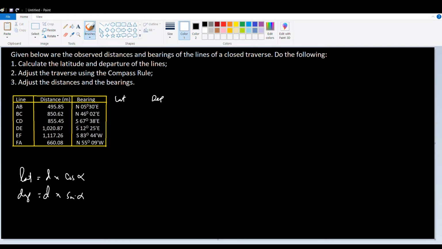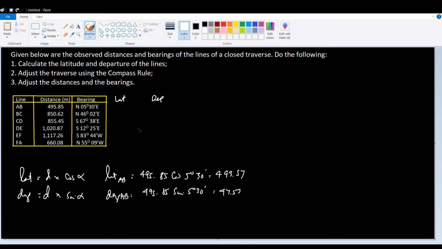So for line AB, the latitude is 495.85 cosine of 5 degrees and 30 minutes, that is 493.57. The departure, on the other hand, is 495.85 sine of 5 degrees and 30 minutes, and that is 47.53.